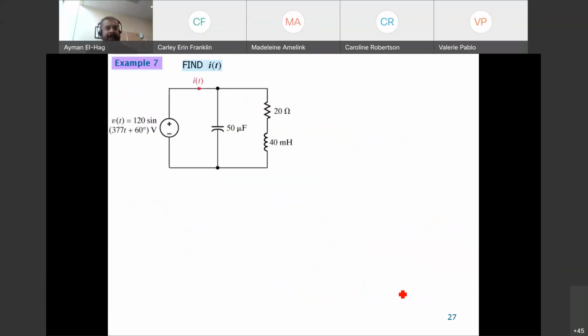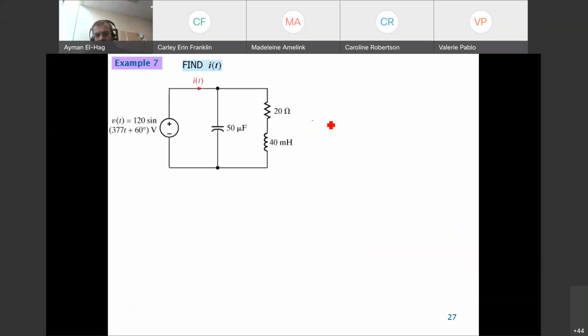Okay, now let's start to have more interesting, more demanding questions. So let's see this one. Here we want to find I of t. I know this is a circuit question. Now we need to do exactly what we used to do: convert the sources, convert the resistances, find whatever in I as a phasor, then convert it back into time domain representation.